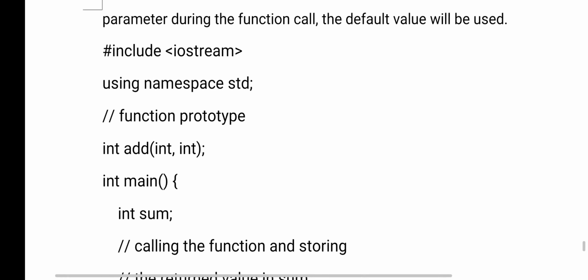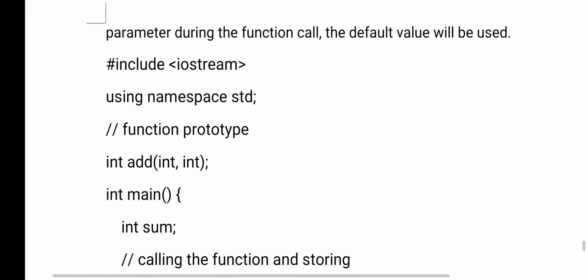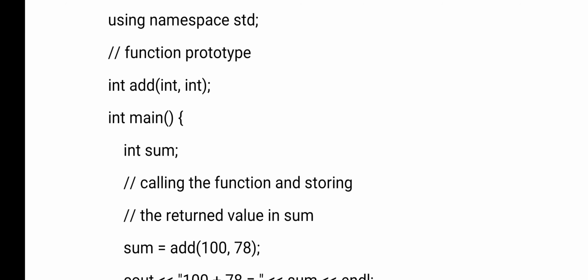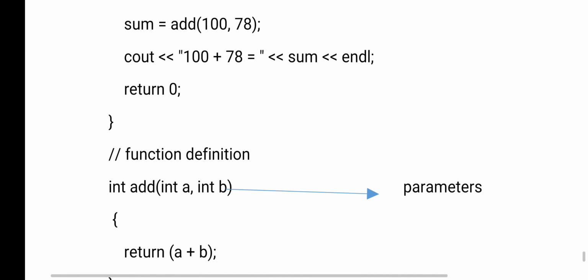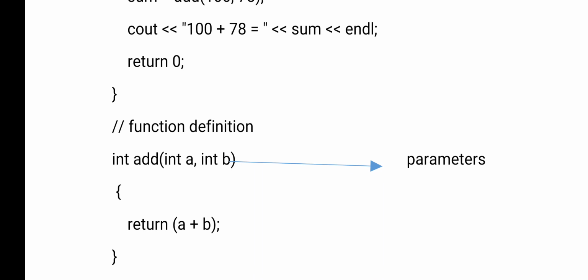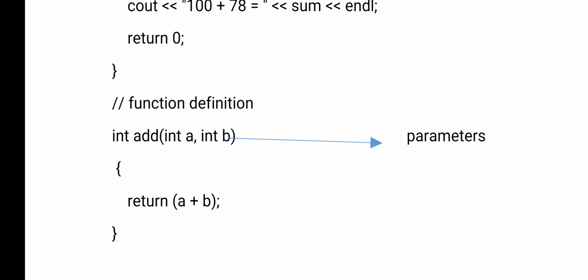Next, the example program I have given. Here, same, int add 100 comma 78. These a comma b are called the parameters. And for what purpose have we written the program? We have written the program to add two numbers. Here we have added two numbers, a plus b.